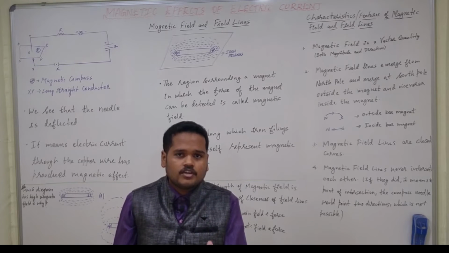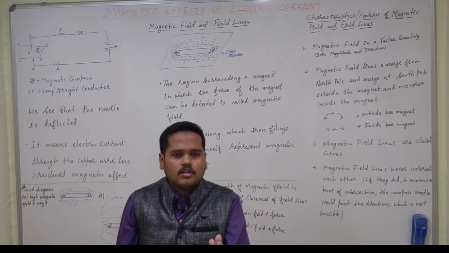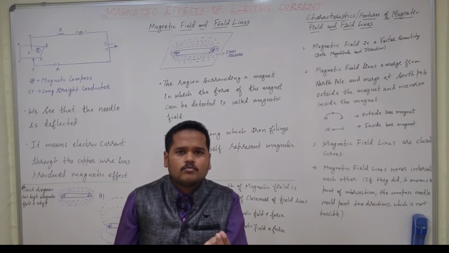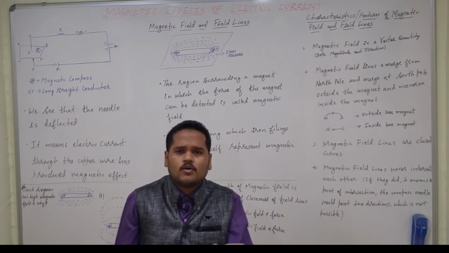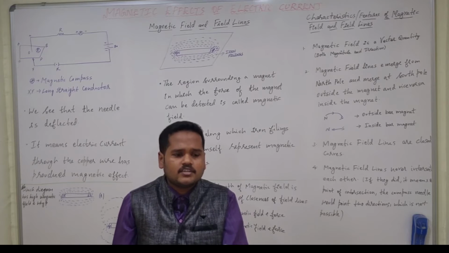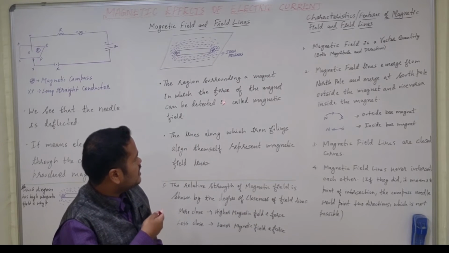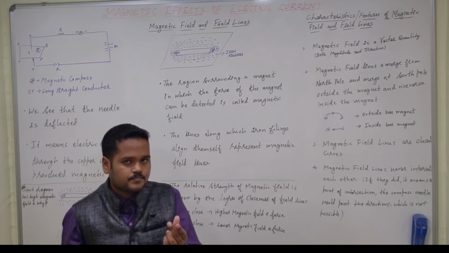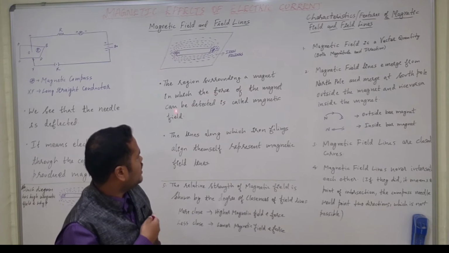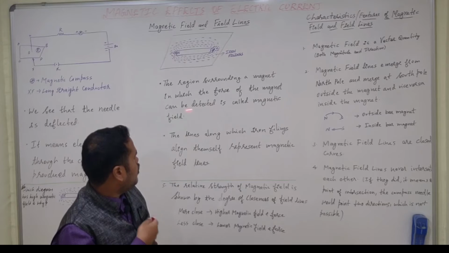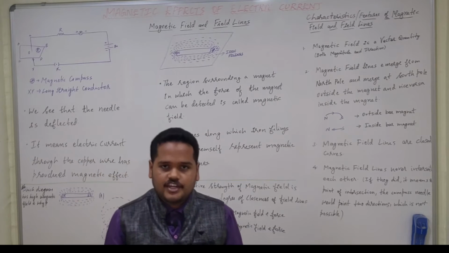But if you have a very small 10 rupee magnet, it has its force only for a distance of 20 or 30 or 50 centimeters. After that, no force. So the region surrounding the magnet in which the force of the magnet can be detected is called the magnetic field.